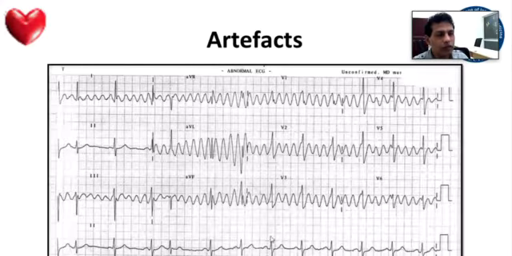But if you very carefully look at it, just above the QRS complexes of L2, these are the QRS waves, but in between are the artifacts. They are motion artifacts. The patient has moved.